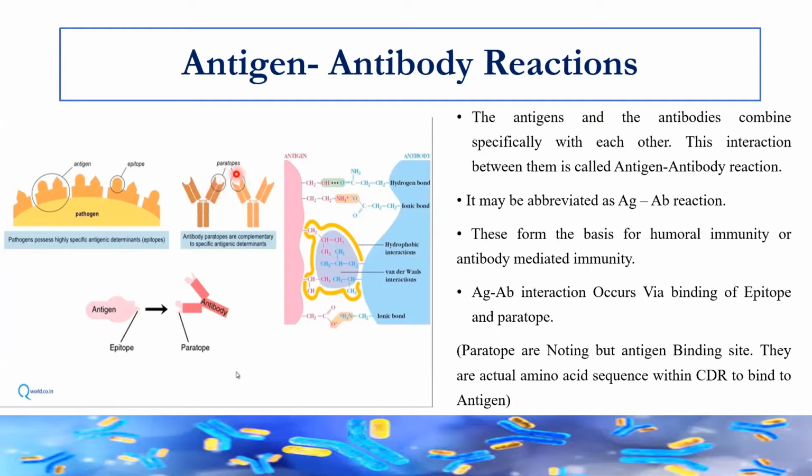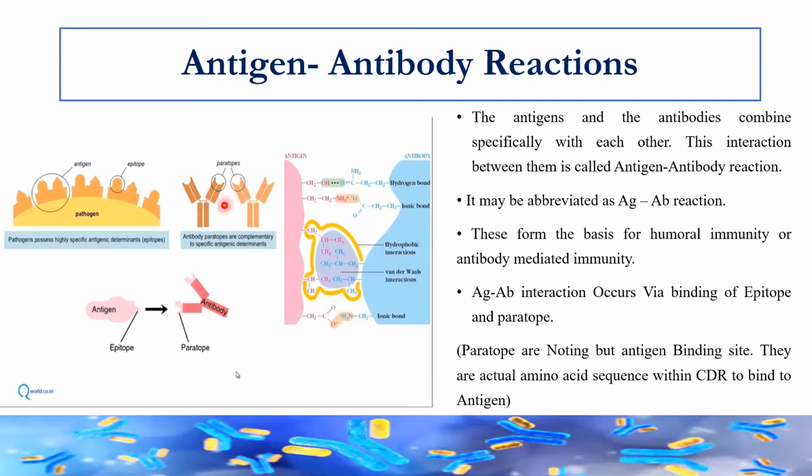If you are looking at the pointer where I'm pointing, this part we had called the antigen binding site. So paratope is nothing but the antigen binding site. We had studied the antigen binding site in detail in a previous lecture. You know that this is the variable region of an antibody which consists of the initial 110 amino acids.